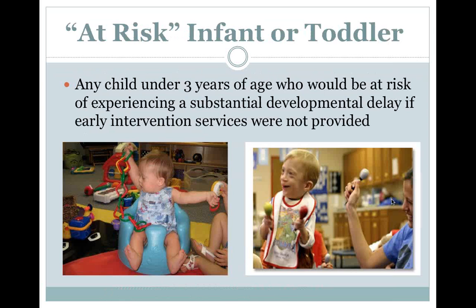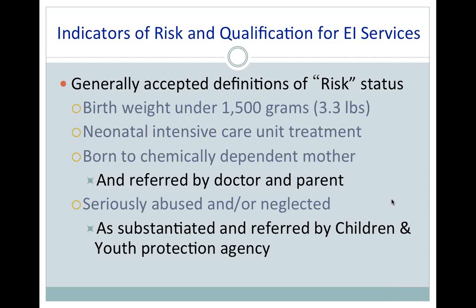And another definition of at risk is any child who experiences a substantial developmental delay and would be at further risk if early intervention services were not provided. Here are just a couple of general indicators.